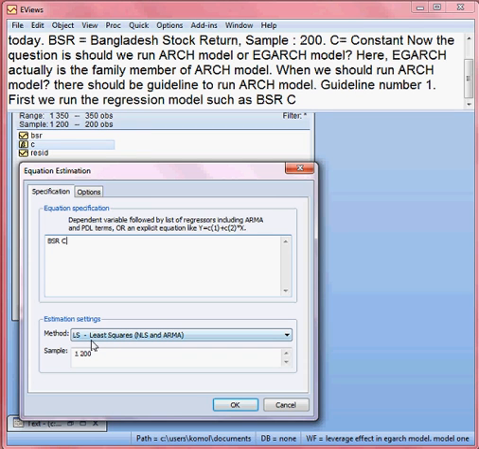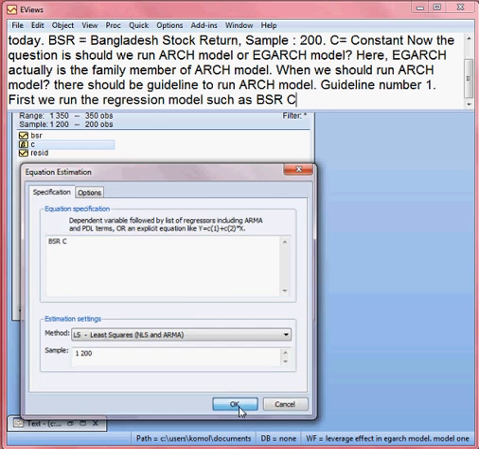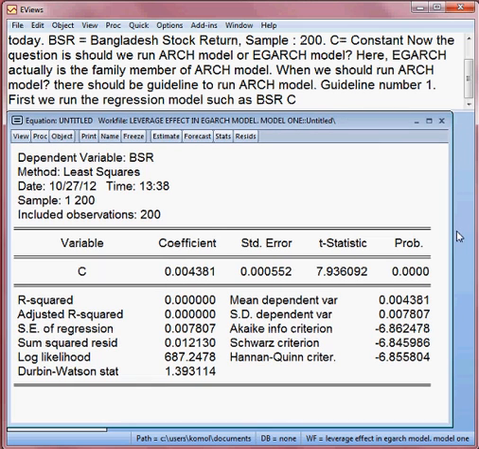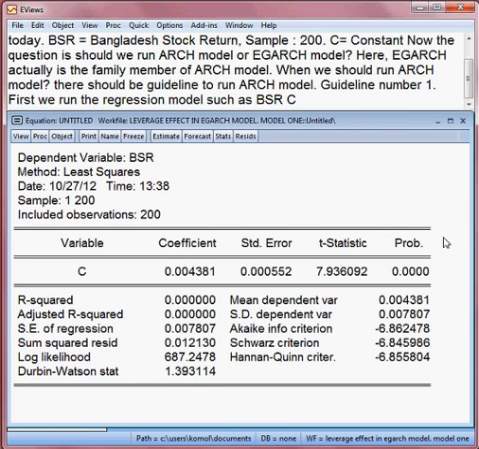I click OK. So this is my model that has been estimated.